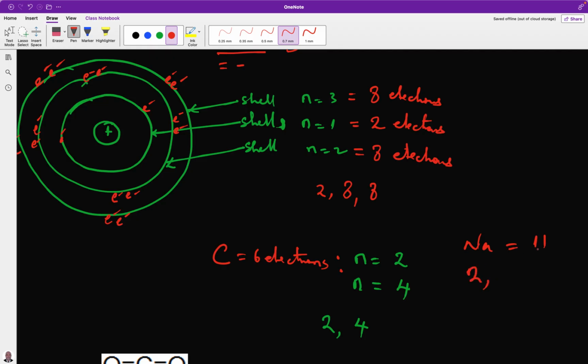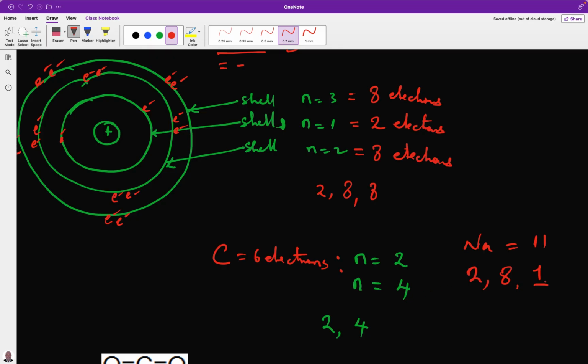The second shell takes 8, so already 10 electrons are consumed from the 11. So the last electron will be 1. It therefore means that sodium has 1 electron in the outermost shell, and carbon has 4 electrons in the outermost shell.